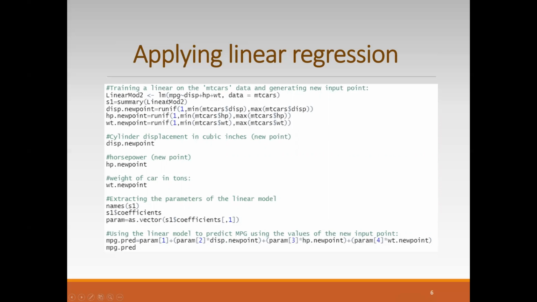So you've got the linear model, which we've trained, and mtcars is an inbuilt data set within R. And we then do a summary of that linear model. We call it S1. And we're going to create a single point, which at this point we generate the three variables of that input point separately, so the displacement, horsepower, and the weight.